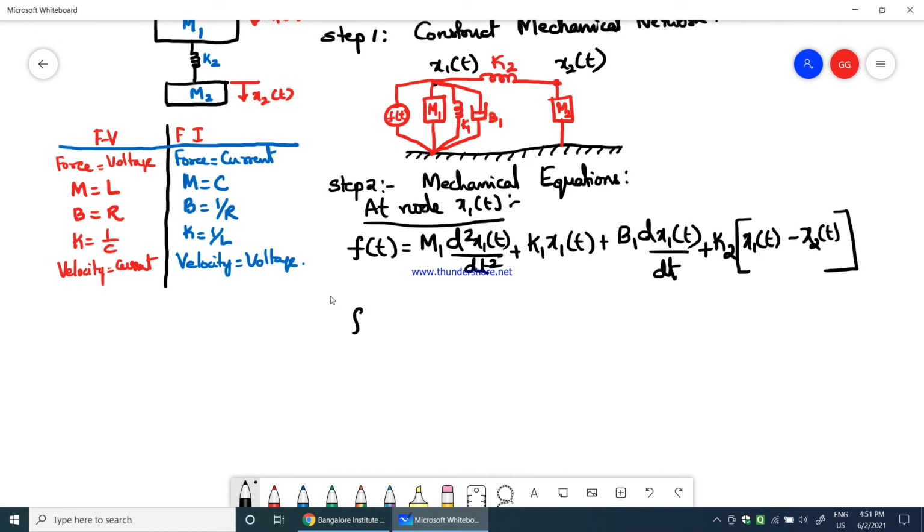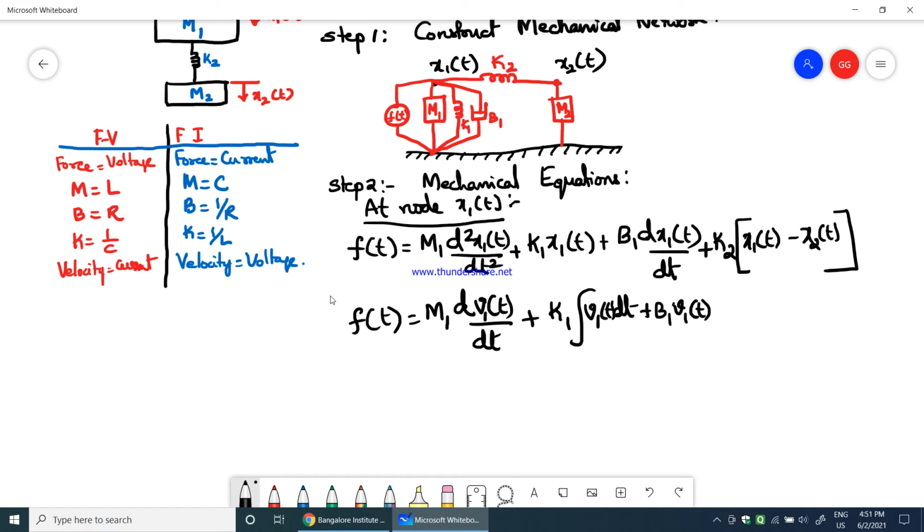Therefore f of t will equal m1 into the time rate of change of displacement, which is velocity, so the double derivative of displacement will be the single derivative of velocity, dv of t by dt, plus k1 into integration of velocity, which is displacement, integration of v1 of t into dt, plus b1 into v1 of t plus k2 into integration of v1 of t minus v2 of t whole thing into dt.